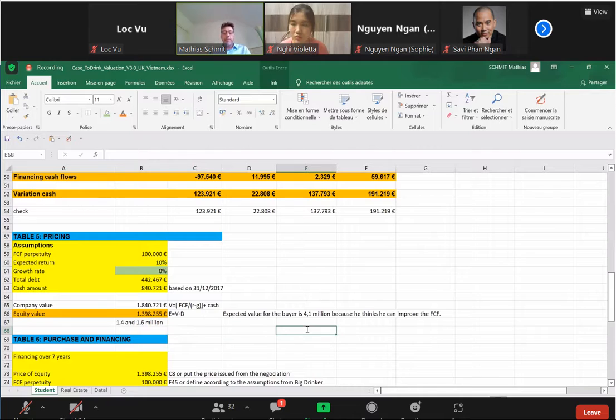Your NPV, what is it? It is what you will be able to generate, the 4.1 minus the 1.6 if you pay 1.6. But you certainly do not price the improvement.